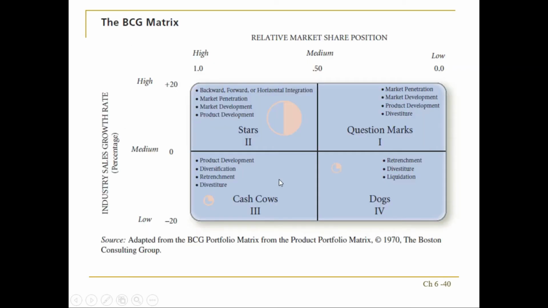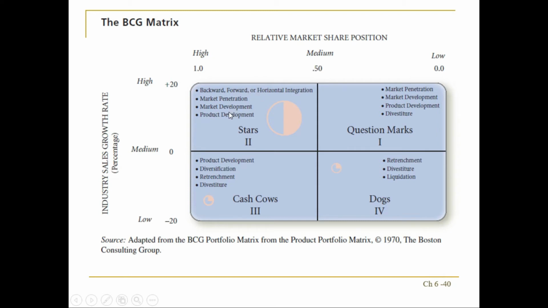And now, how would you locate your organization in that quadrant? I will be explaining this procedure. In this slide I have written the appropriate policies in each quadrant. In the question mark quadrant I have written market penetration, market development, product development, divestiture. In the second quadrant, the stars, backward, forward and horizontal integration are presented.